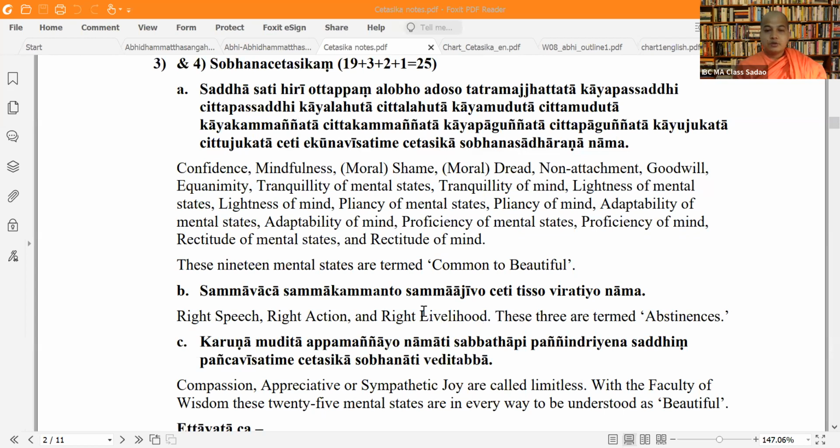Now, this should be understood in the context of a practitioner, someone who is willing to progress in the spiritual journey.